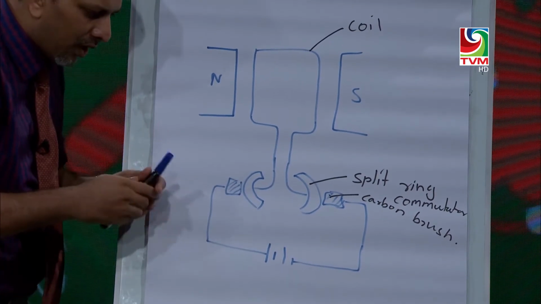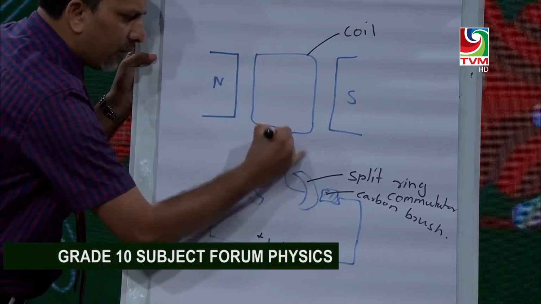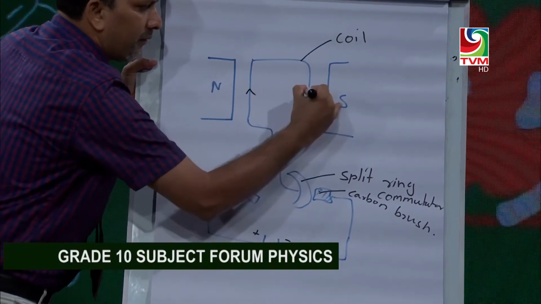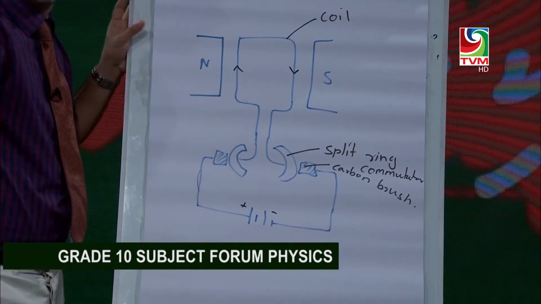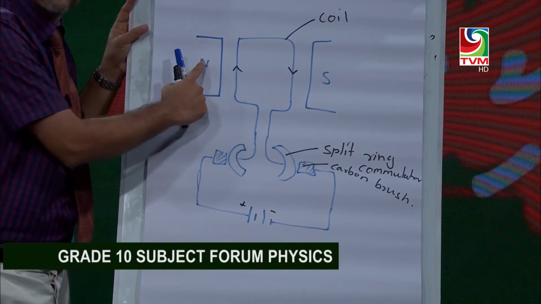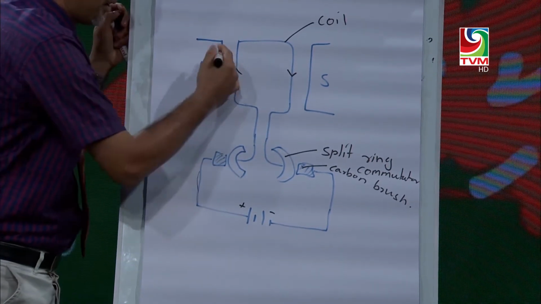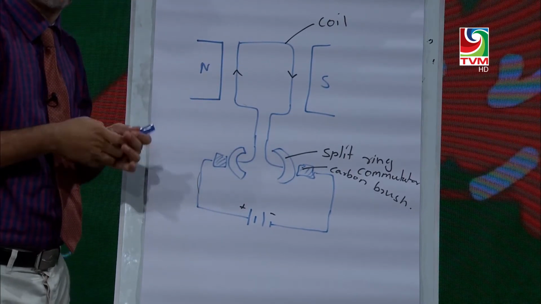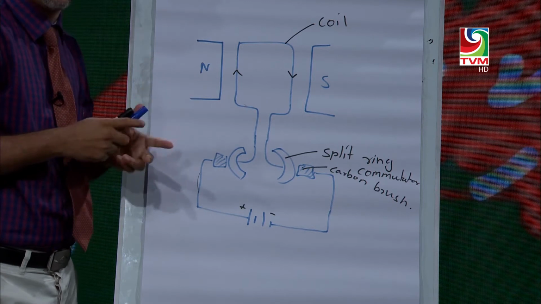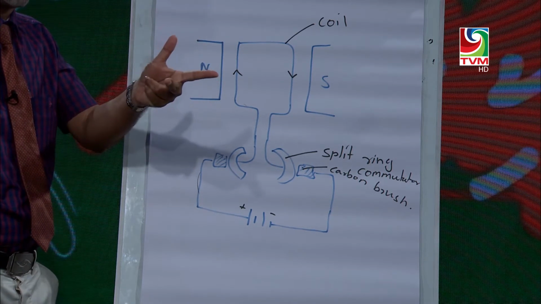When the current passes through the coil, here is the battery, so the current goes through this coil in this direction. Because of this magnetic field and current, a force is produced on the coil. That force direction we find using Fleming's left-hand rule.